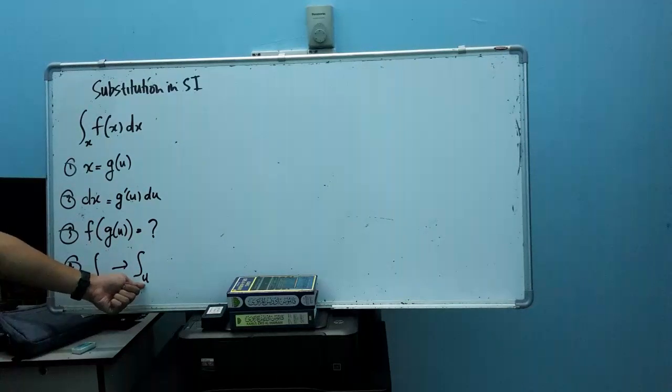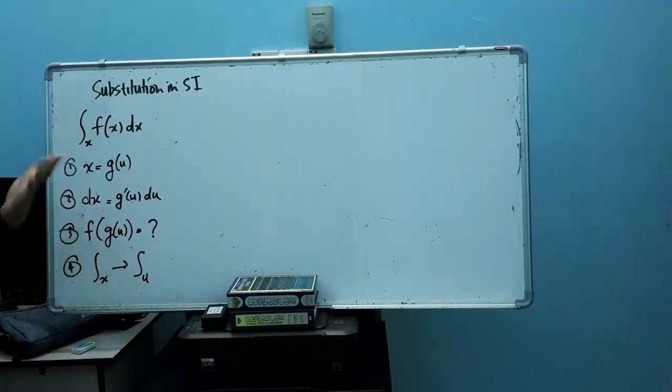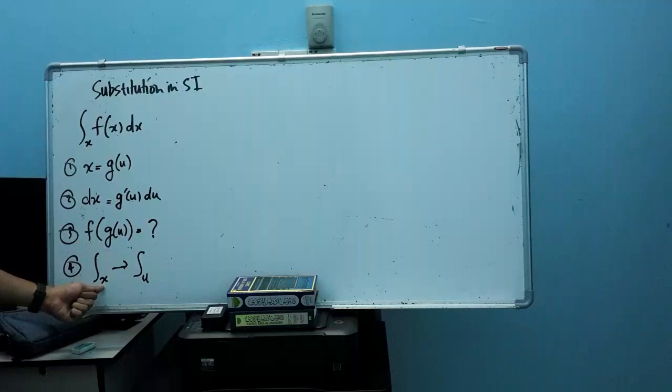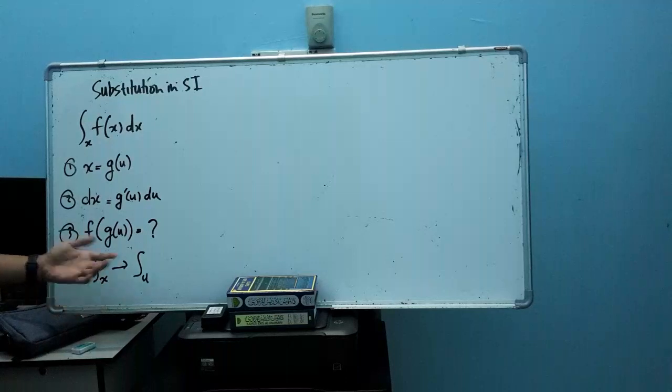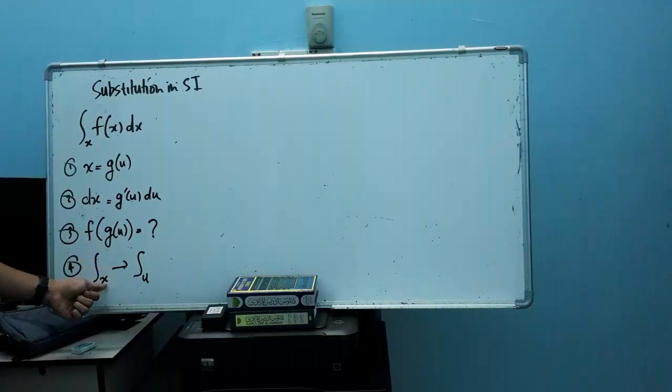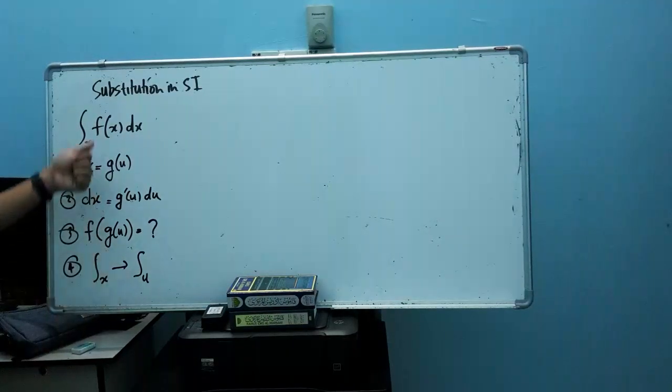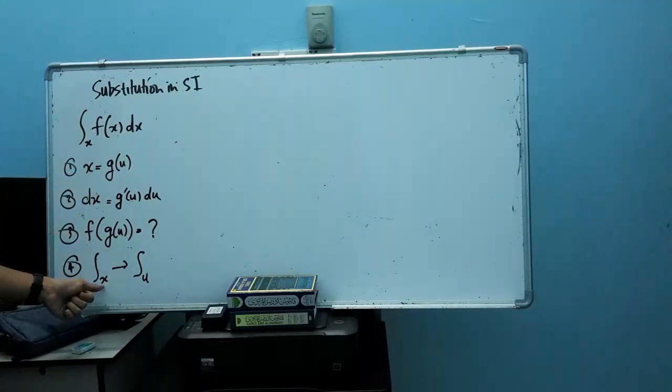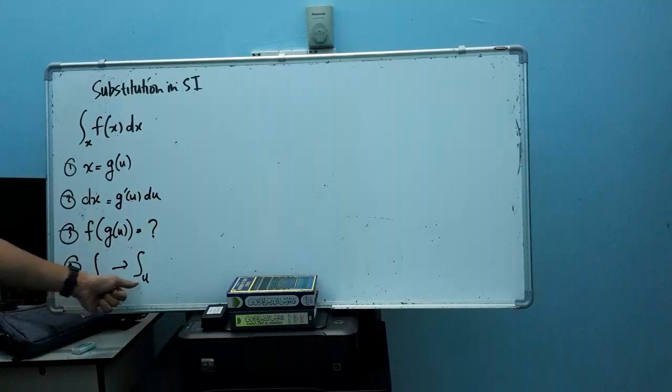After they do the substitution, they still use the same limits of integration with x values. Of course, this is not correct, because since you already substituted the whole thing, the limits of integration also need to be changed into limits with u values.